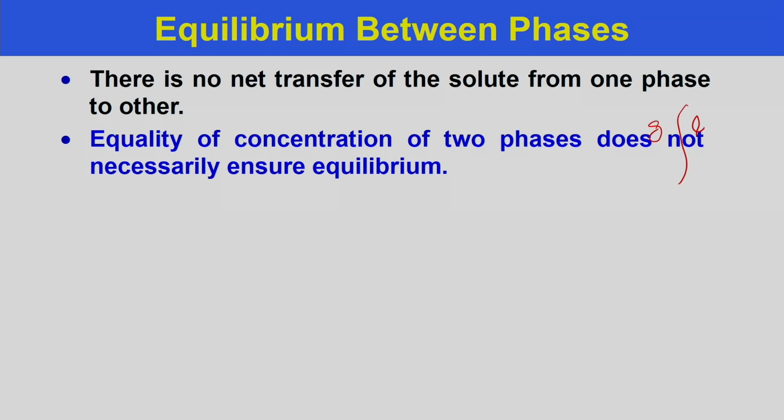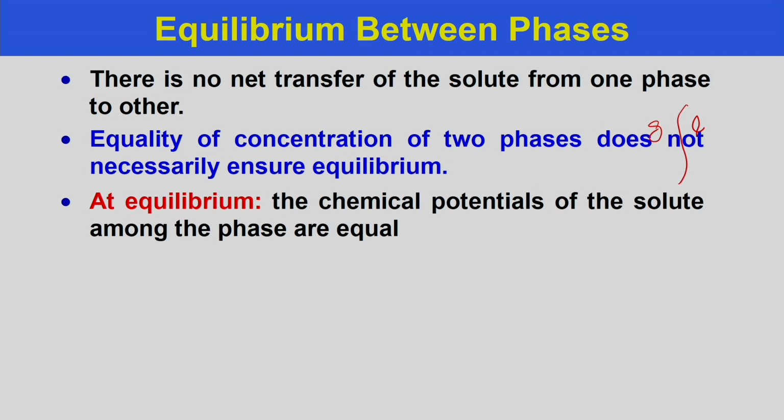So, this equality of concentration of two phases does not necessarily ensure equilibrium. If we see the concentration of both phases and they are the same, we cannot say that the system has reached equilibrium. So, what happens at equilibrium? At equilibrium, the chemical potential of the solute among the phases is equal, because as we said at the beginning in our module 1, to describe the true driving force for mass transfer, we considered the chemical potential.